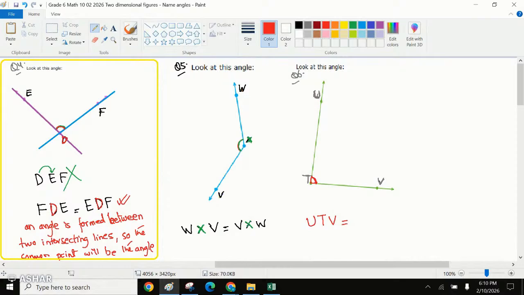Okay. UTV. Yes, thank you, Osman, for correcting. Angle is always given in capital, right? Or VTU. Okay.